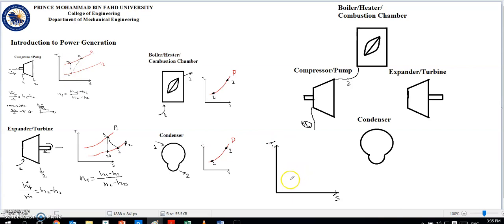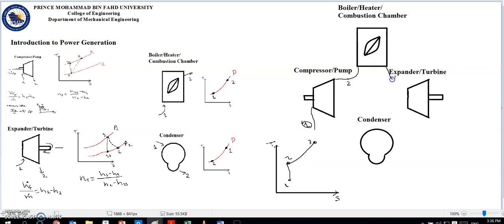So we'll go from point 1 to point 2. Then we'll feed this fluid in the combustion chamber, where under constant pressure we're going to increase the temperature. So we leave at point 3.